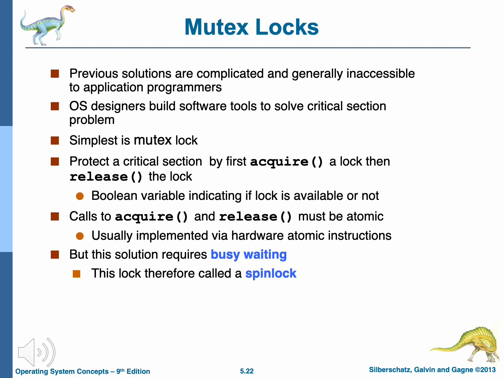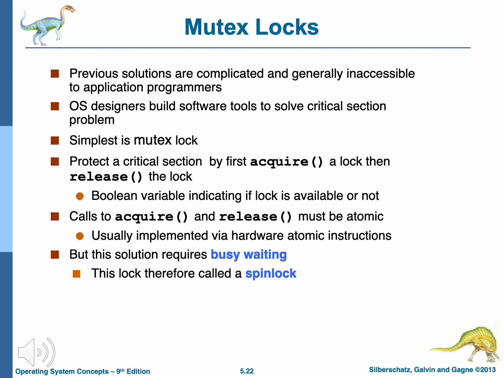Spin locks do have an advantage, however, in that no context switch is required when a process must wait on a lock, and a context switch may take considerable time. Thus, when locks are expected to be held for short times, spin locks are useful. They are often employed on multiprocessor systems where one thread can spin on one processor while another thread performs its critical section on another processor.